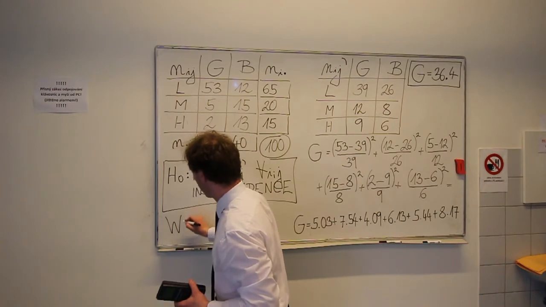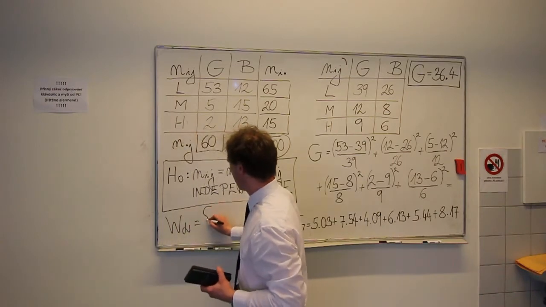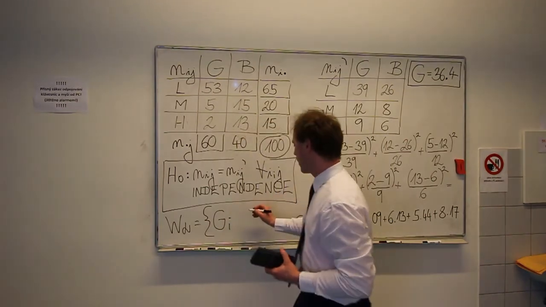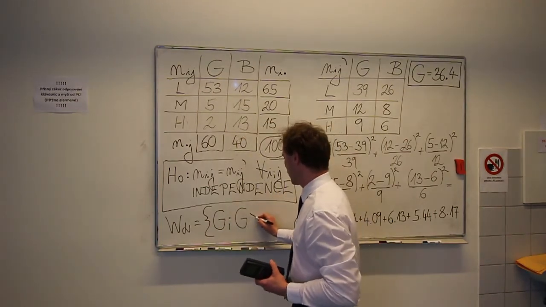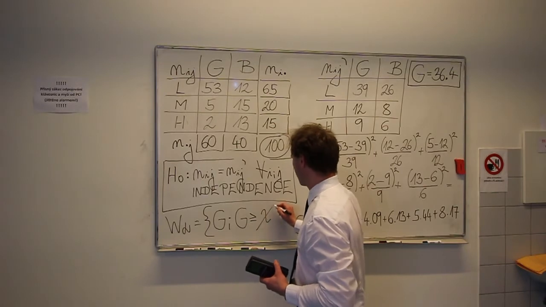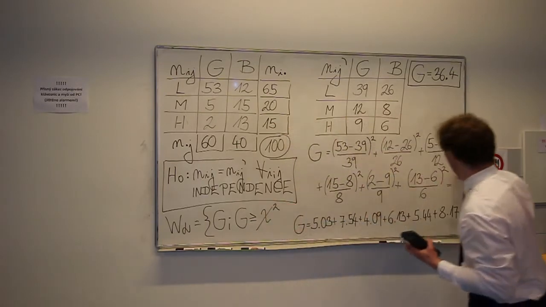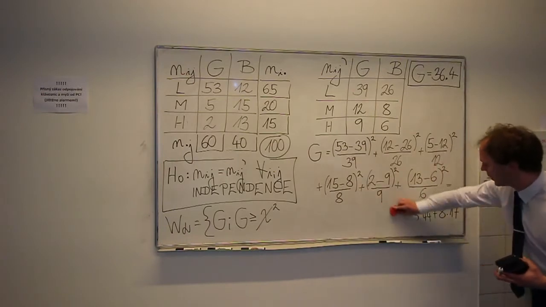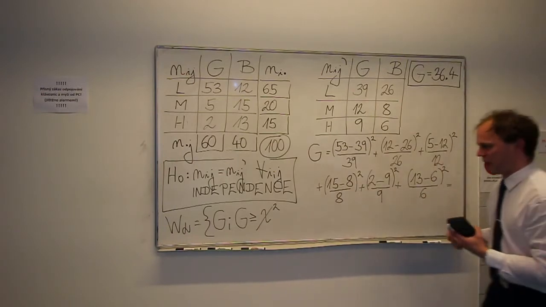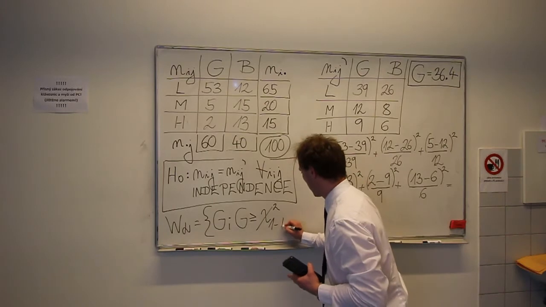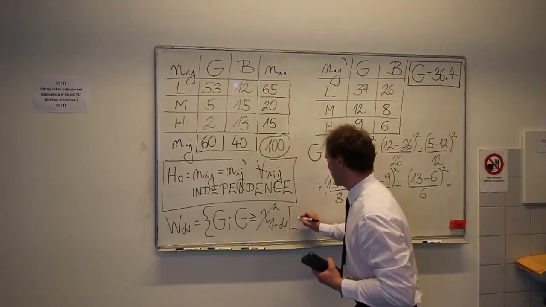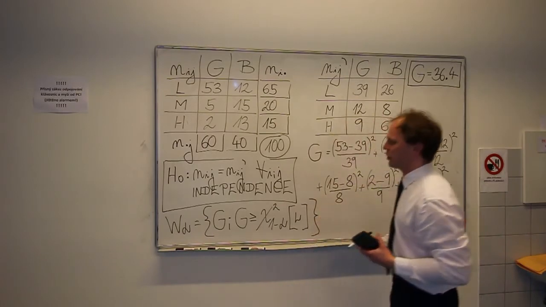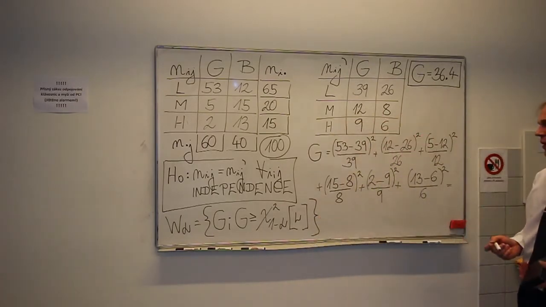Because for alpha, the statistic G is valid: if the value of G is higher than or equal to the critical quantile chi squared, 1 minus alpha with degrees of freedom nu, we enter the rejection region and the zero hypothesis is rejected.